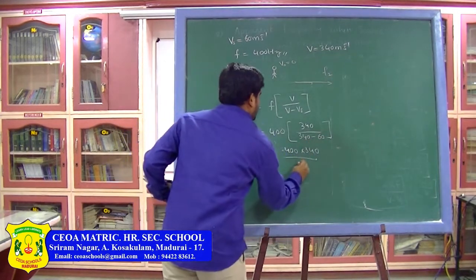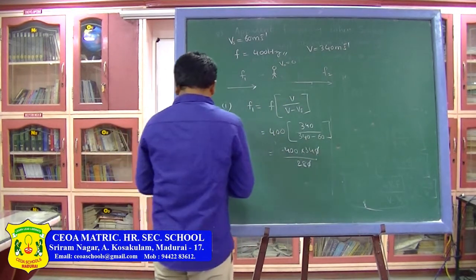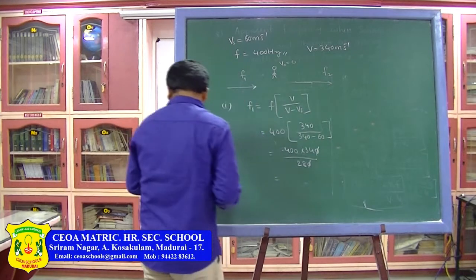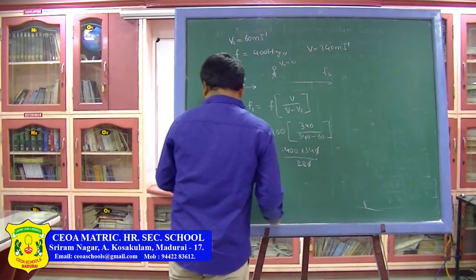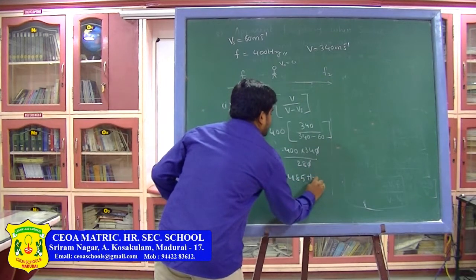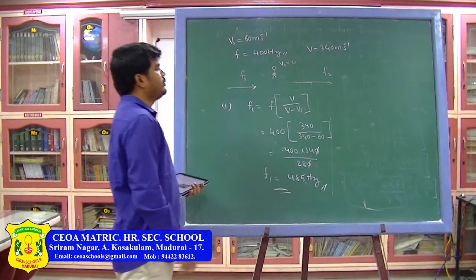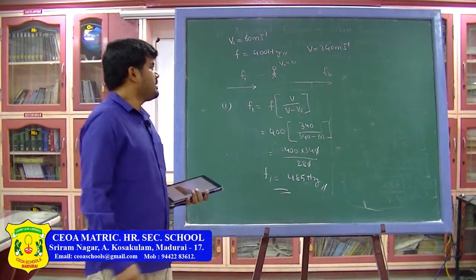Simplifying, 400 into 340 divided by 280 gives around 485 Hz, the apparent frequency when the source is moving towards the stationary observer.